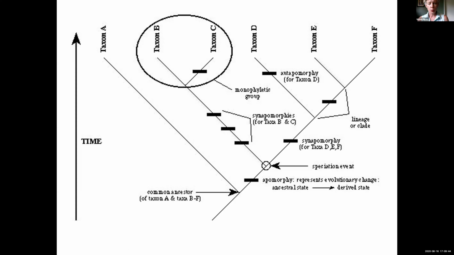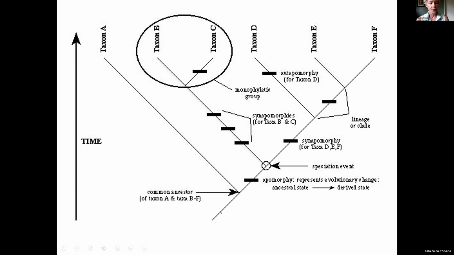And we're going to assume that every species that evolved after this point on the tree diagram is going to still have this characteristic. So as we go up the branches of the tree diagram and we have more evolutionary changes happening, we're seeing the characteristics of each of the taxa at the tips is going to be more and more different than the one that's similar to the ancestor.